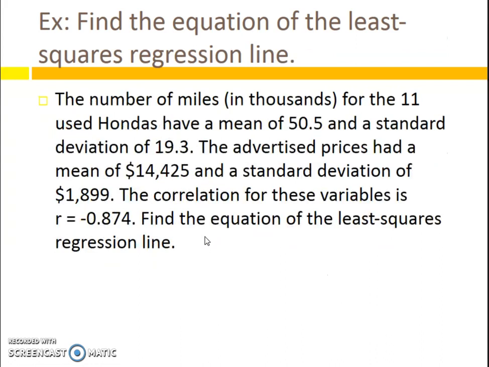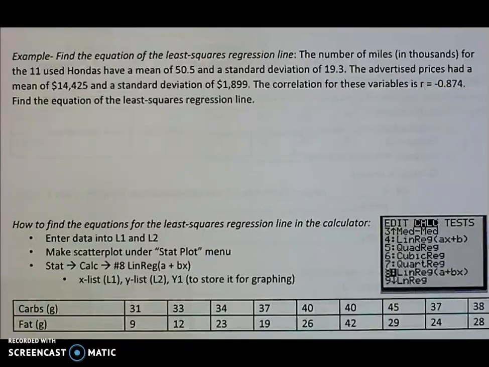So we're going to look at an example together right now. We want to find the equation of the least squares regression line. The number of miles in thousands for 11 used Hondas have a mean of 50.5 and a standard deviation of 19.3. The advertised prices had a mean of that and a standard deviation of that. The correlation for these variables is r equals negative 0.874, which makes sense, right?